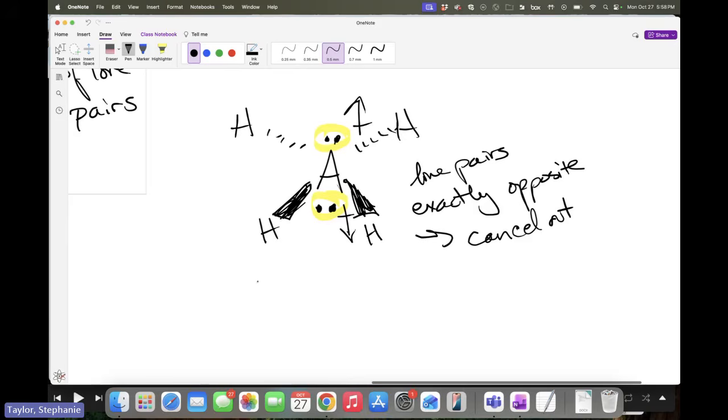Then one of the questions I saw a fair amount from my classes is, what are we going to do about polar bonds since we don't give you guys the electronegativity scale?